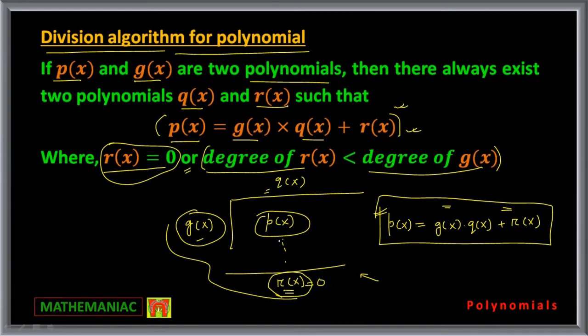The meaning is that you can get such a polynomial p(x) which is divided by g(x) giving a remainder 0. So one of the possibilities of r(x) will be 0. So this is done. Now if this is not true, then the other condition should be true. So how will you arrive at it? Let's again go for the explanation. Just listen to it very carefully.